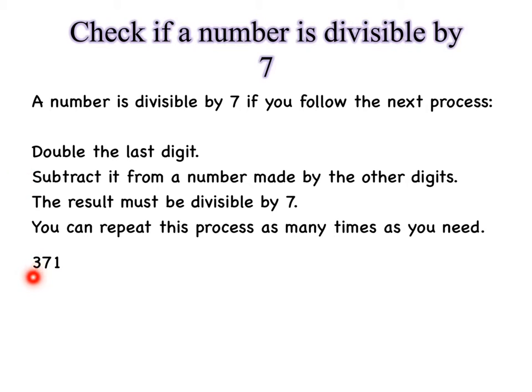And that means 37, because that's what's left over. So 37, take away, because that means subtract, 2 times 1, so double the last digit. And 37 take off 2, because 2 times 1 is 2, is 35.